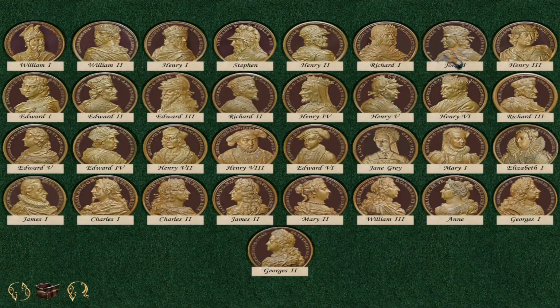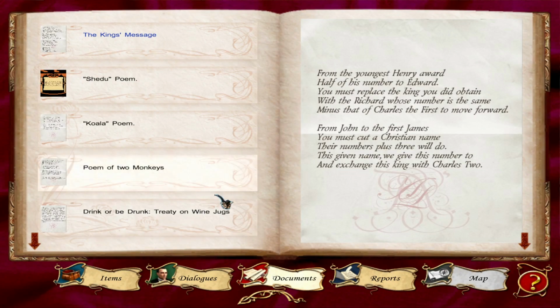I guess we can try. So it would be Henry the Fifth replaced with Charles II. Then their numbers plus 3 will do. From John to 1st James, you must cut a Christian name. So you just get the Henry name.